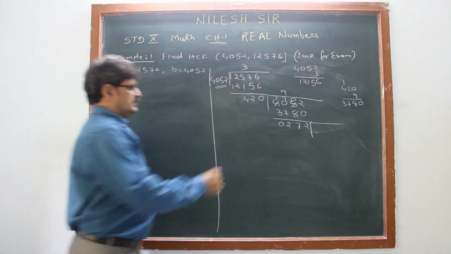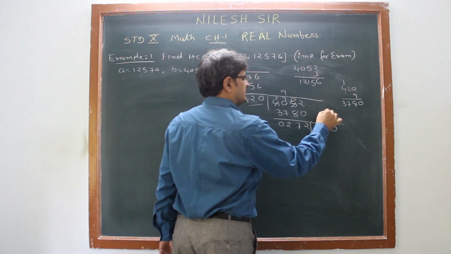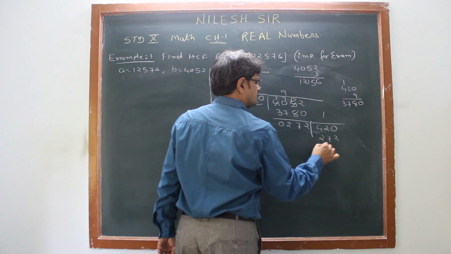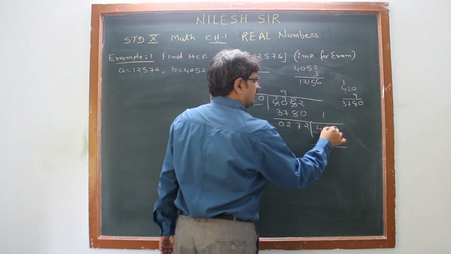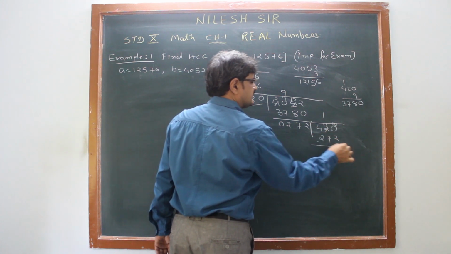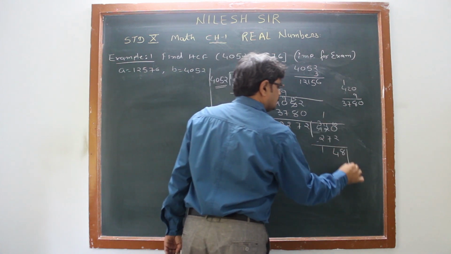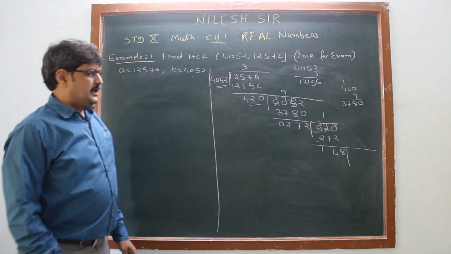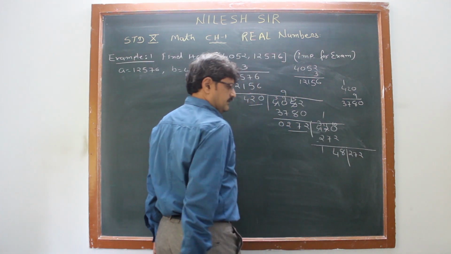Now the divisor will become dividend again. Now 272 ones are 272 and 2s are, it will be greater than 420. Now 10 minus 2, that is 8, 11 minus 7, that is 4, and 3 minus 2, that will be 1. Again 272 will become dividend.